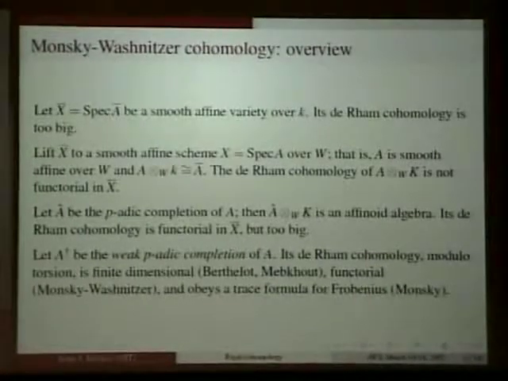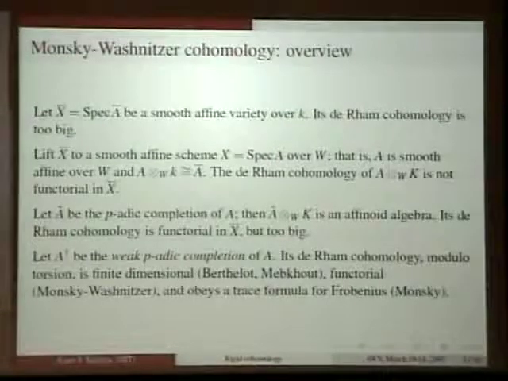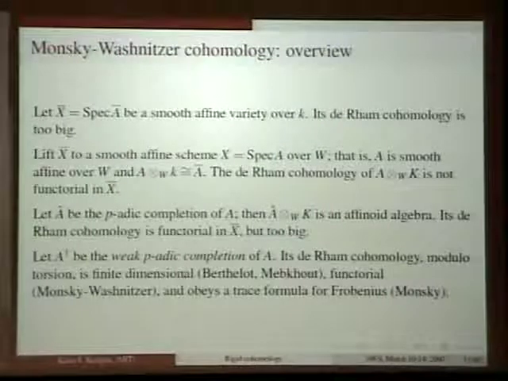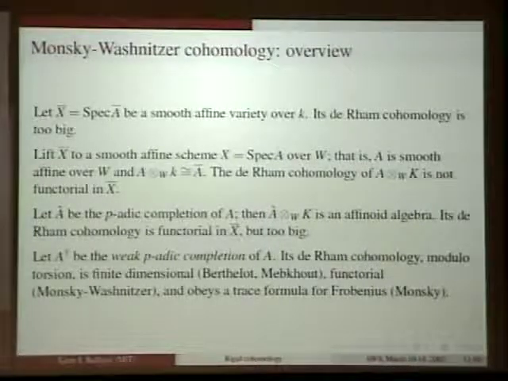In fact, you don't even get a well-defined space. So for instance, if you take a curve of some genus with some number of punctures, you can lift it to a curve of the same genus with the same number of punctures. And then there's that formula I told you about, which involves the genus and the number of punctures, to tell you what the de Rham cohomology is. But you can lift it in different ways.